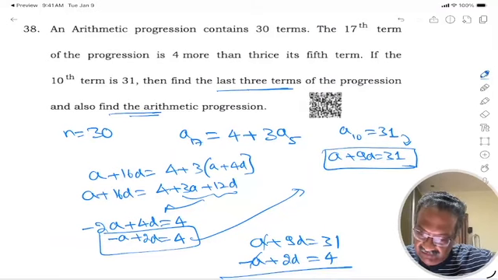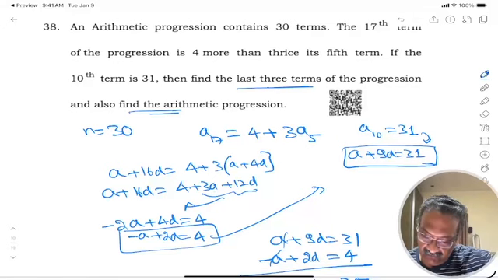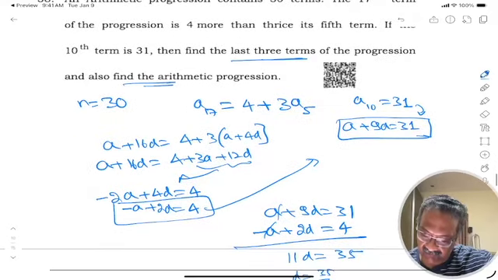The 17th term, A plus 16D, is 4 more than thrice its 5th term. The 5th term is A plus 4D. So A minus 3A is minus 2A, 16D minus 12D is 4D, so minus 2A plus 4D is 4.